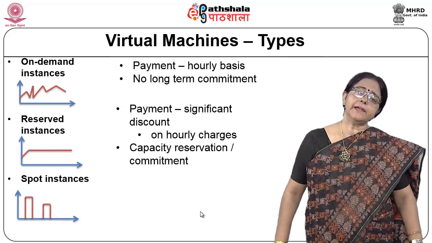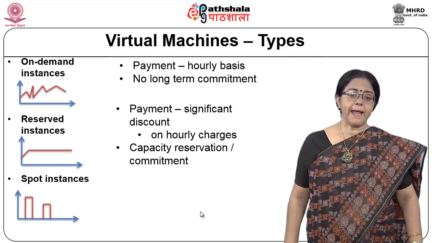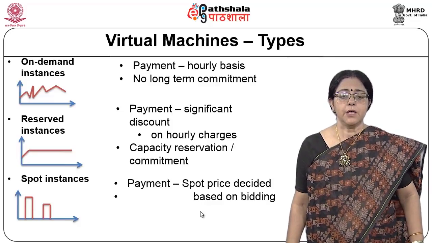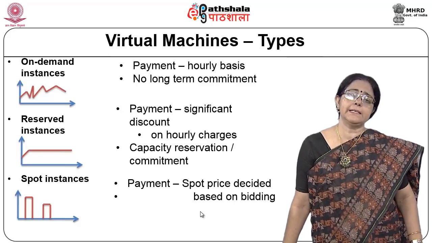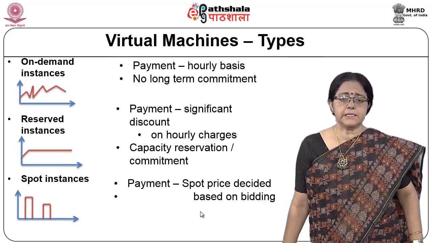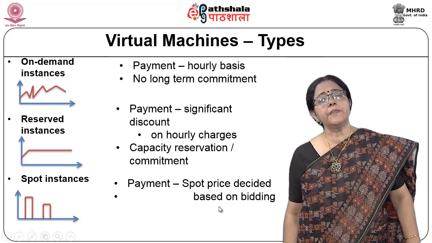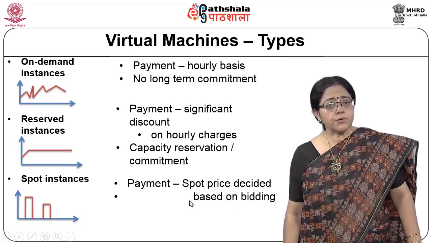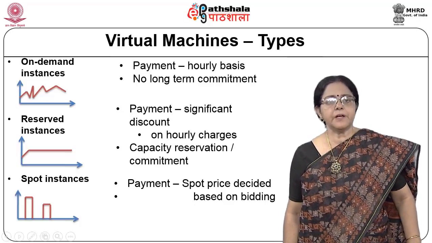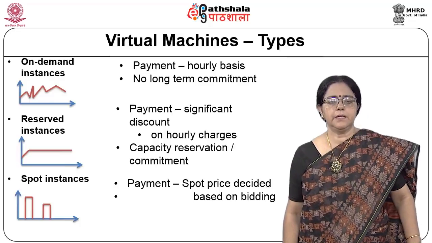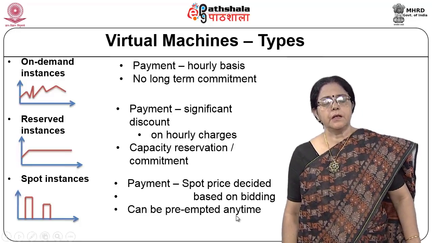And the third variety, which has been introduced by Amazon some time back, are called spot instances, which will be significantly less costly for the users, but it will be based on availability. So, there is no guarantee that the spot instance will be available. If a spot instance is available, the user can take it and use it.